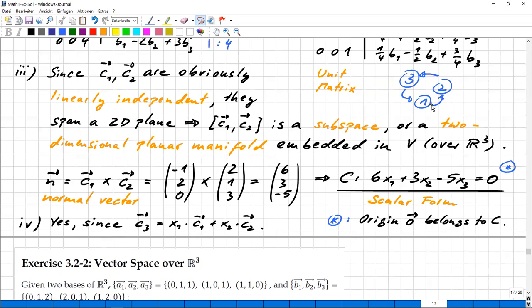I'll show you, okay? I go into the first row. And then I take second times third. Second times third means the second component or coordinate of this vector and the third component of this one. 2 times 3, which is 6. But then I must remember minus vice versa.